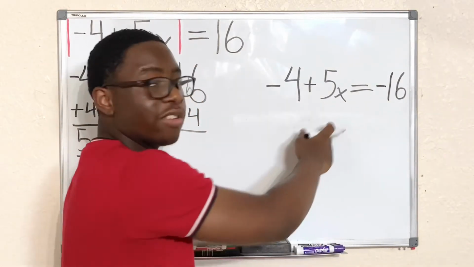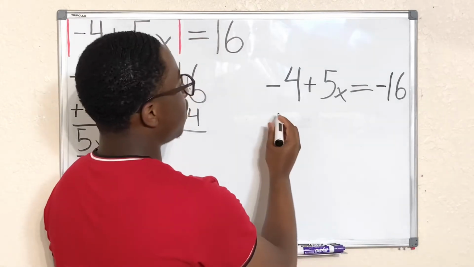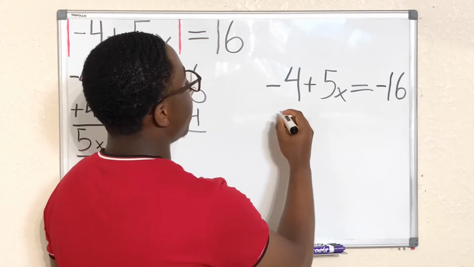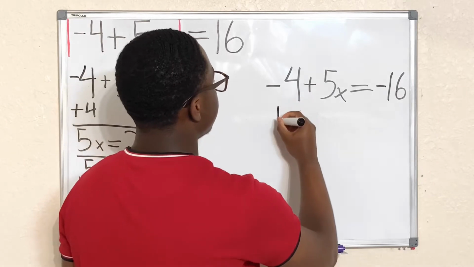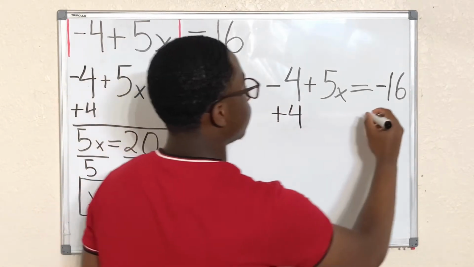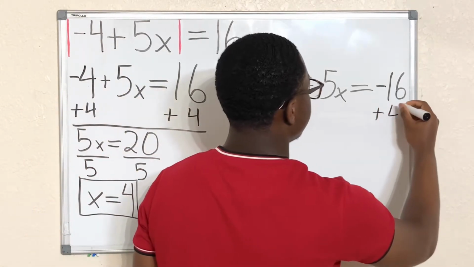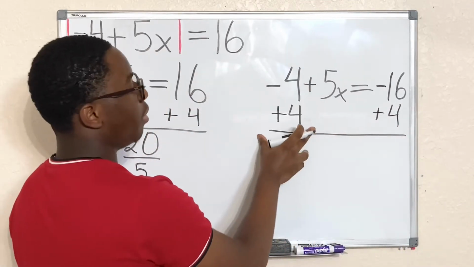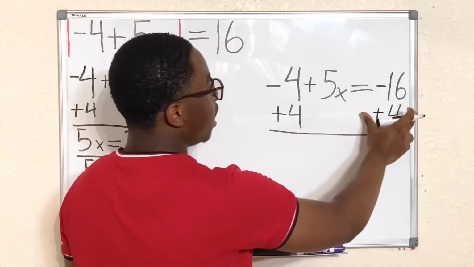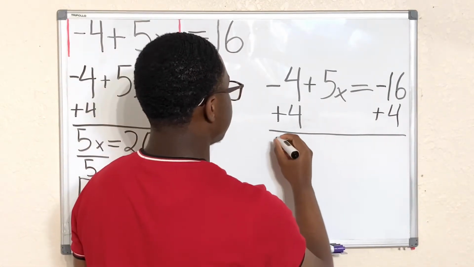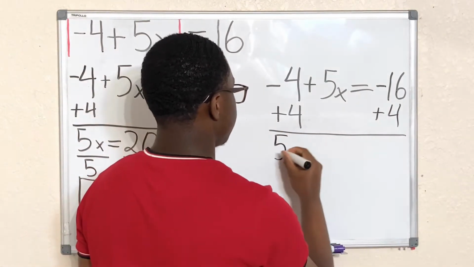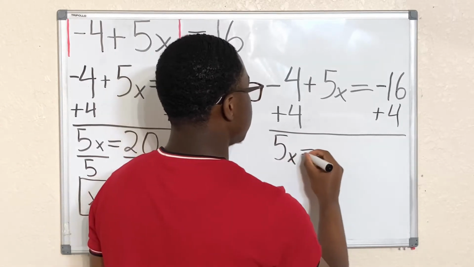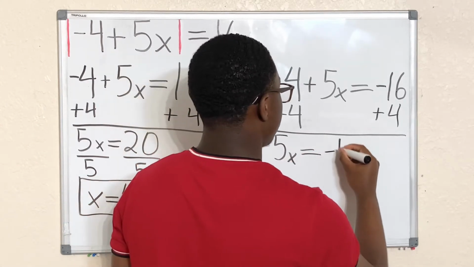Now let's also solve for x on this side. Alright, so now we're going to go ahead and add 4 to this side. Plus 4, plus 4. Our -4 and +4 cancel out on this side, and with this side we're left with the -12, so we're going to have 5x is equal to -12.